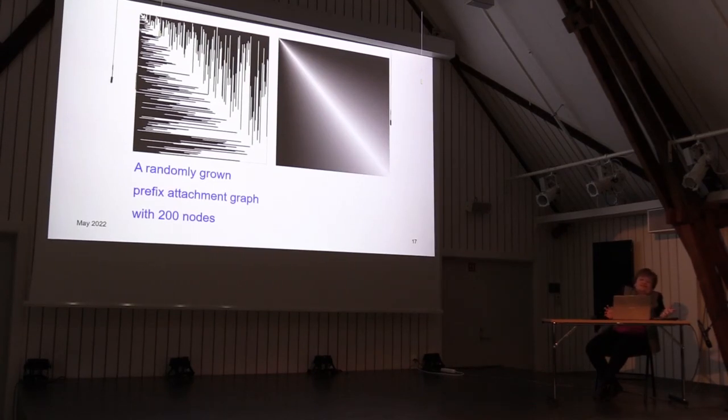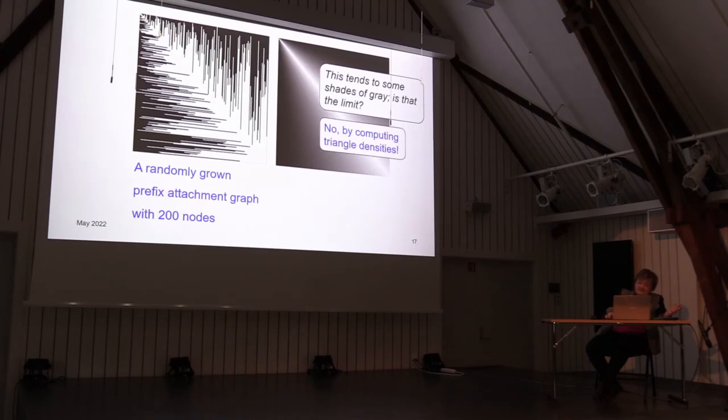It looks like something like that. What does it mean? I won't write down the function. So this tends to some shades of gray. Is this really the limit? If we compute triangle densities, then it cannot be the same.